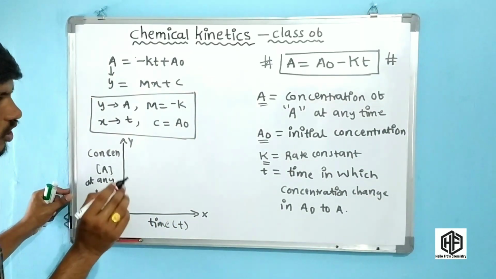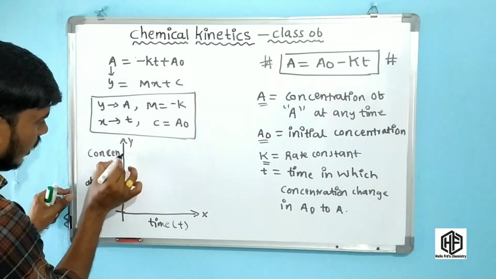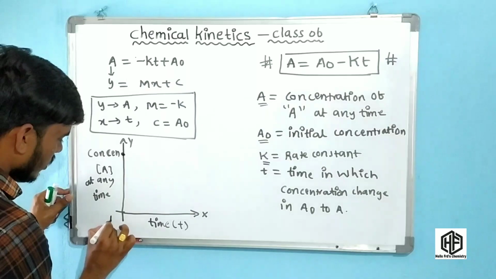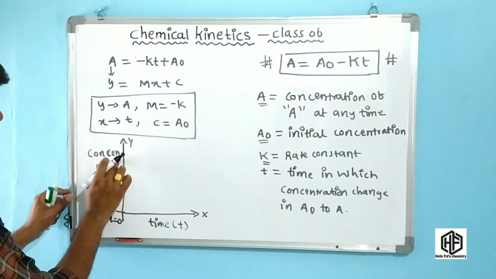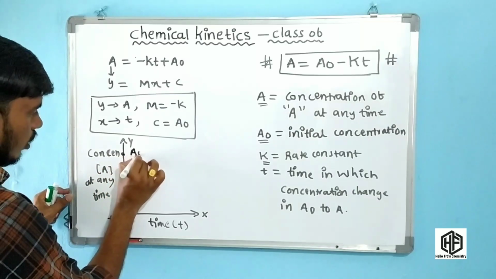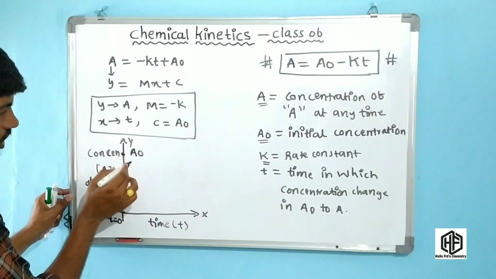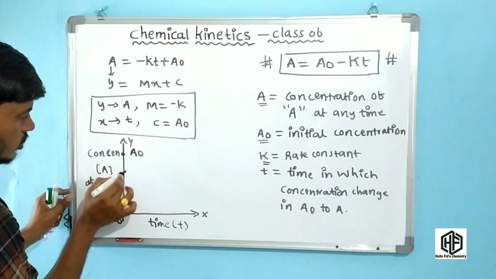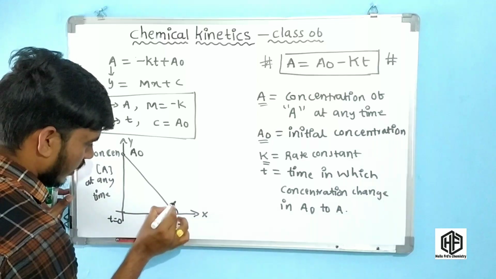Now the graph of A equals A naught minus kt is like this. At t = 0, the concentration of A is A naught. As time increases, the value decreases along the graph. This is the graph, and this is theta.